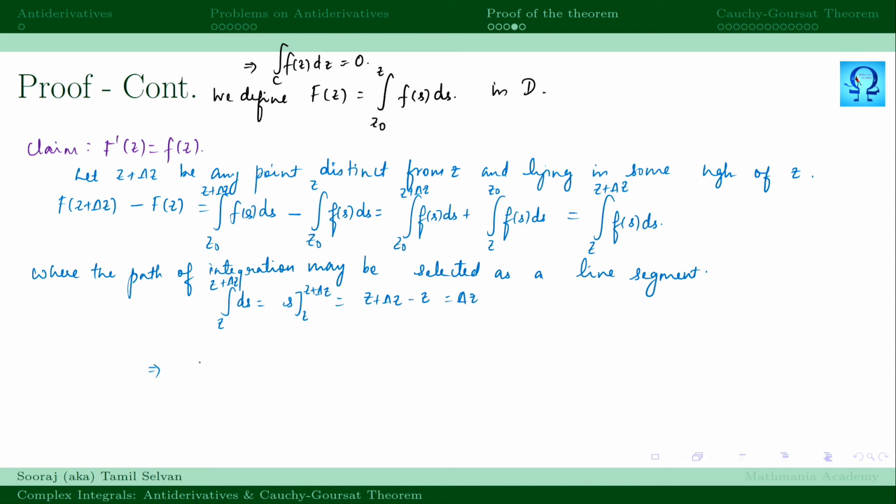So from which we can write f of z equals 1 upon delta z times the integral z to z plus delta z f of z ds. This is the mean value theorem for integration, right? So with which we write this one.